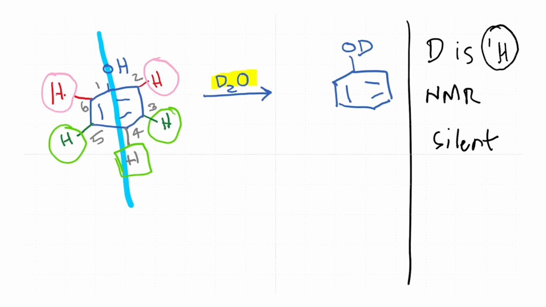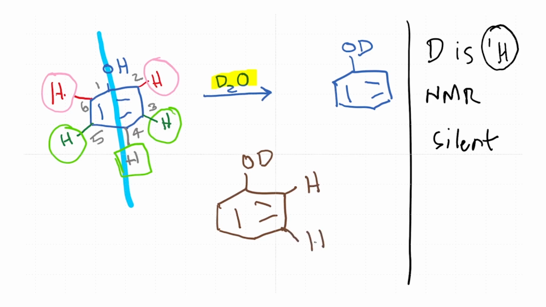But at the end of it, what we realize is that the phenol in D2O has 3 distinct signals that we would expect to see, which I'm going to label here as HA, HB, and HC.